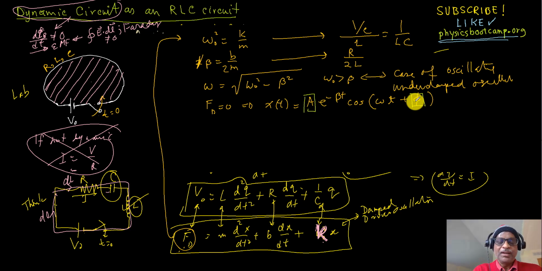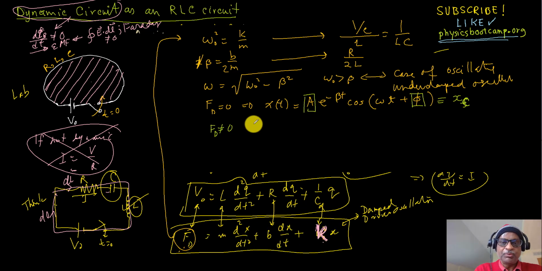Okay, but Fd is not 0, so we're just going to call this guy x when Fd is 0. So x free, you can call it, or x complementary. And if it is not 0, then the particular solution, if this is a constant, we've got to guess the answer.